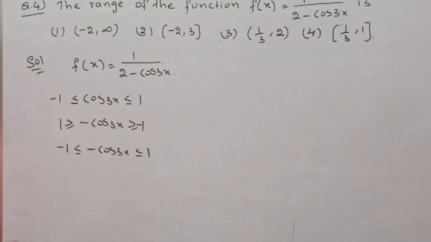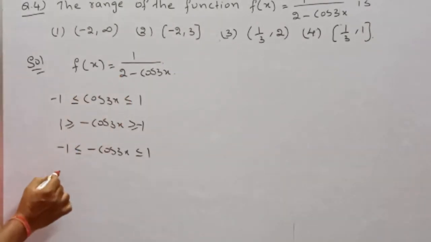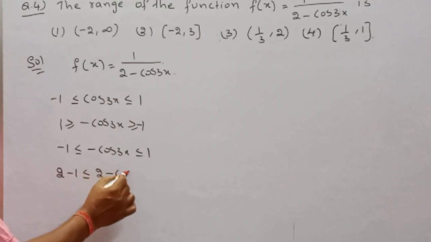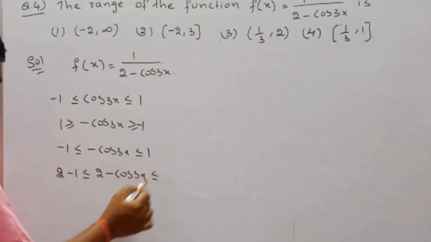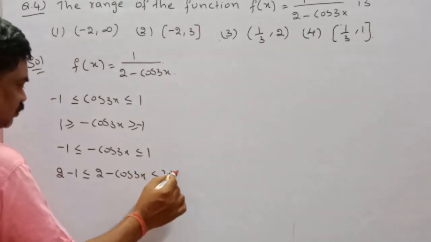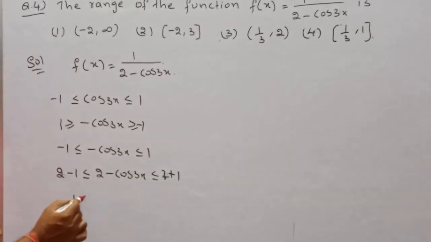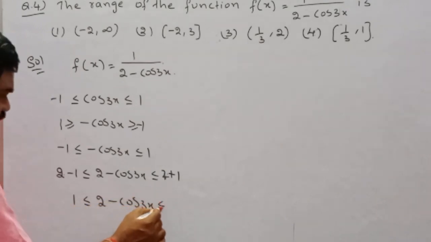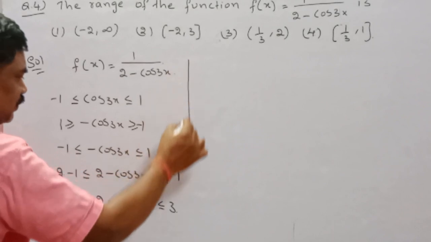Okay, all of you. Then 2 is there. 2 minus 1 less than or equal to 2 minus cos 3x less than or equal to 2 plus 1. Then what is this one? 1 less than or equal to 2 minus cos 3x less than or equal to 3.